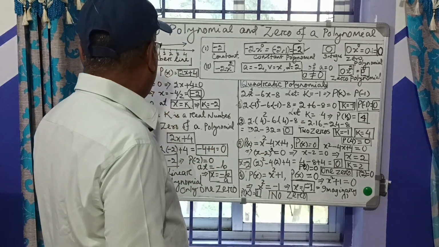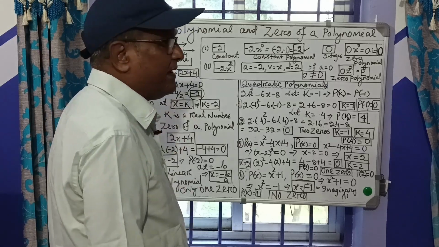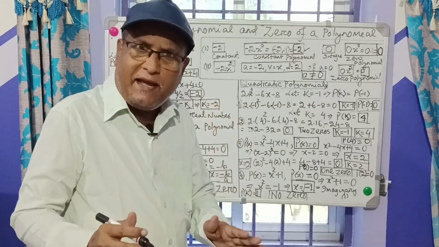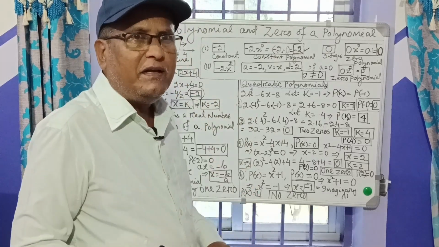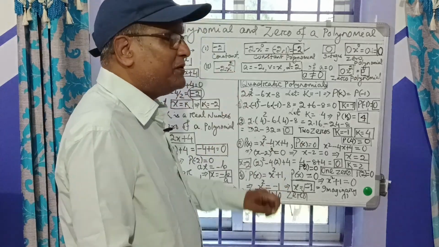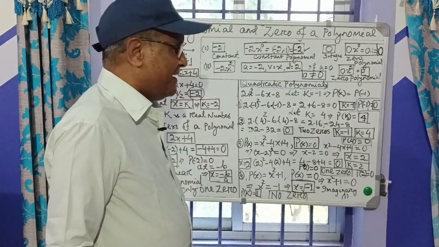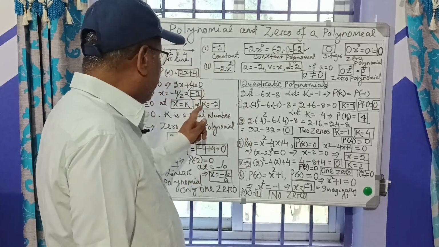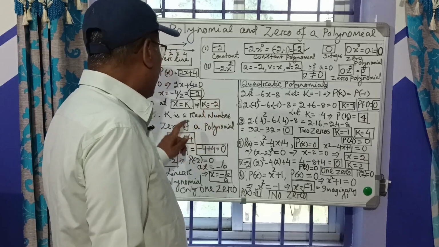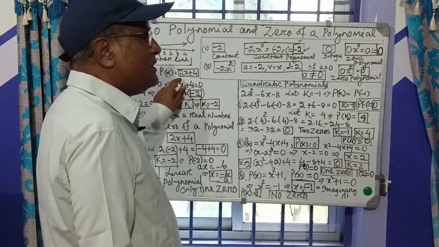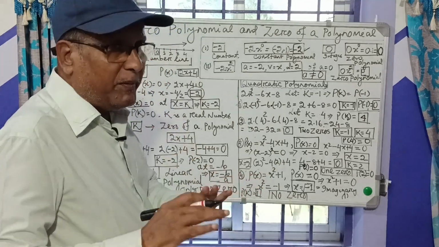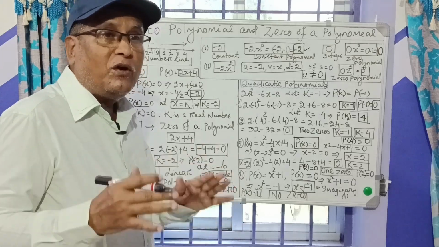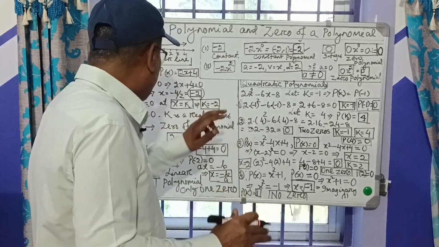So we write p(k) is 0 at x is equal to k. What is the value of k here? k here is minus 2. k is a real number, any real number, but here k is minus 2. So that k is called the zero of a polynomial. In this case, k is equal to minus 2 and minus 2 is the zero of this polynomial 2x plus 4. So never be confused. k is a real number which is called a zero of a polynomial.